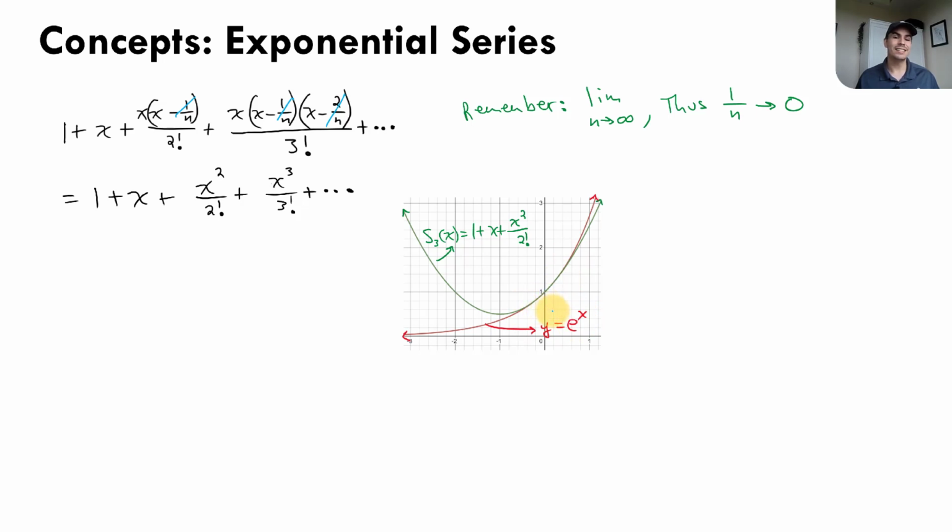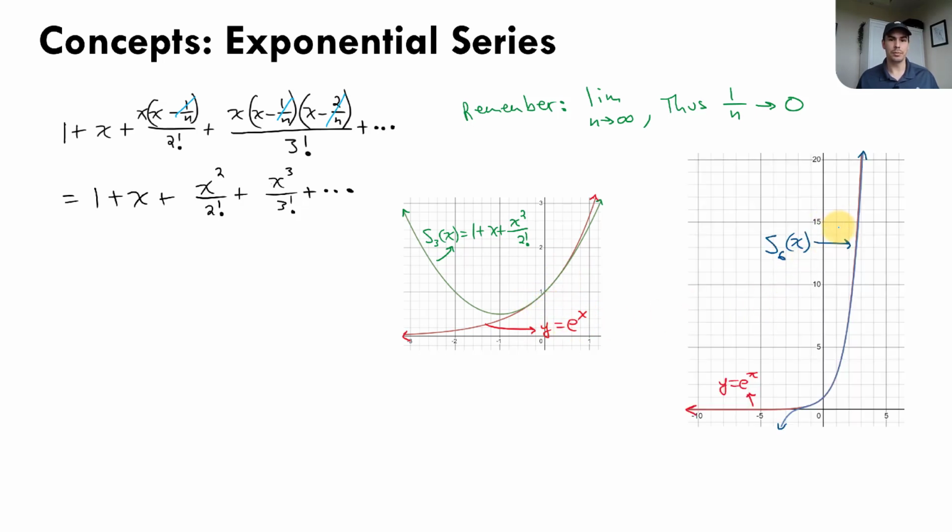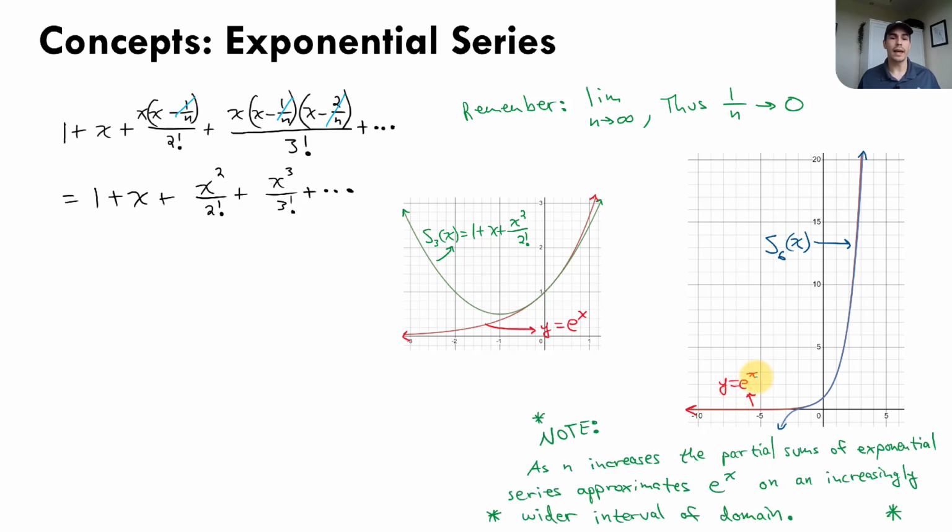Now, if I take the 6th partial sum, I had to zoom out here, but see how much more overlap I have when I graph that on the same plane as y equals e to the x. Same thing with my power series: as n increases, the more terms I have in my partial sum, the better the approximation and the larger the interval where these two converge on each other.